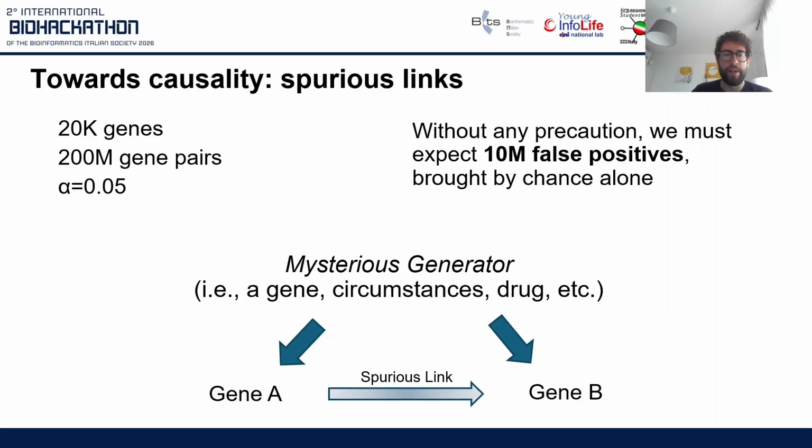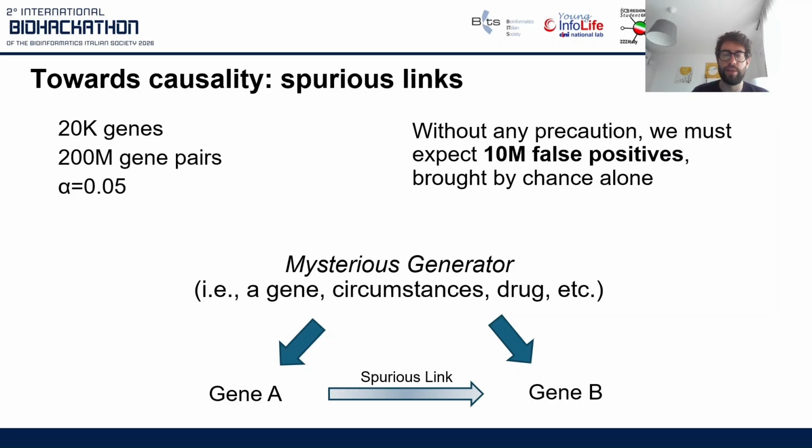And this is why there are spurious links that can happen between genes, because they are both generated from a mysterious generator. So confounders, whatever confounder, drugs, circumstances, or another gene. And so these genes appear related, but they are actually not.